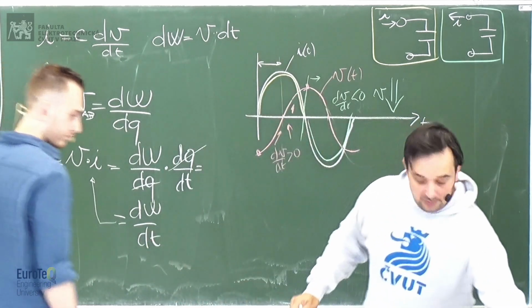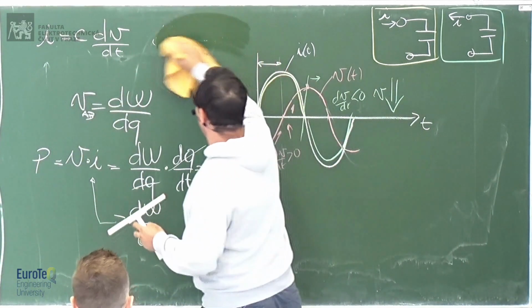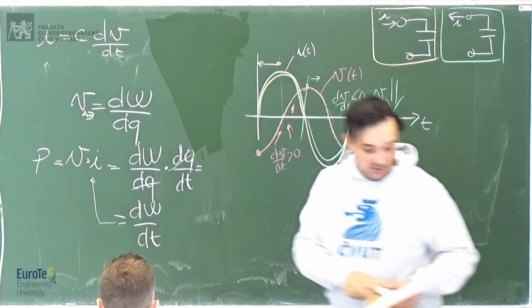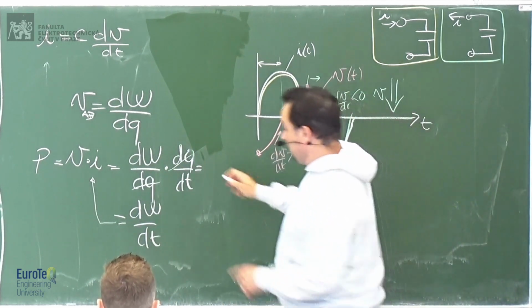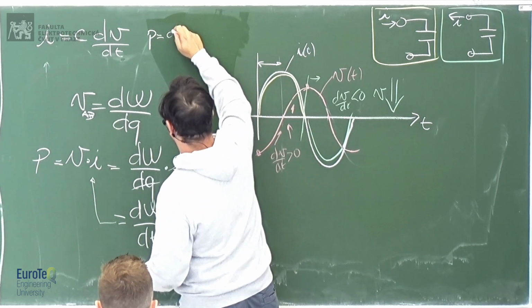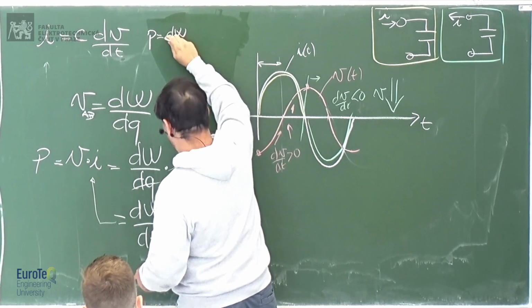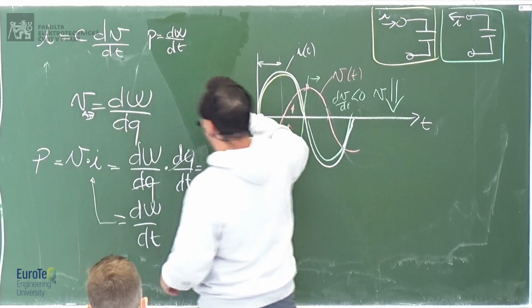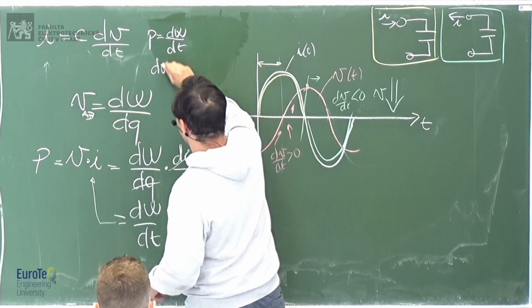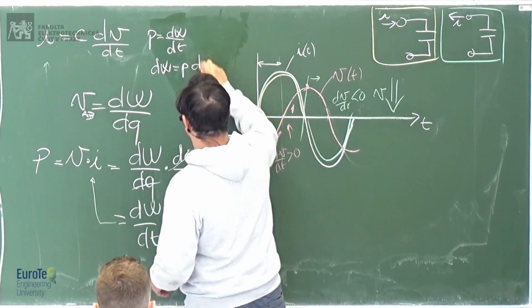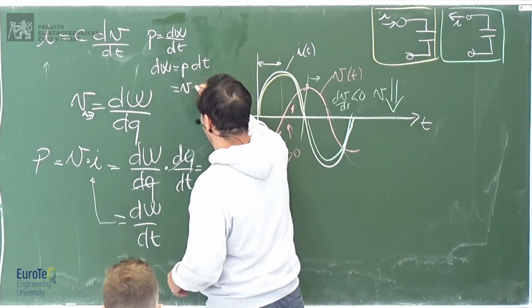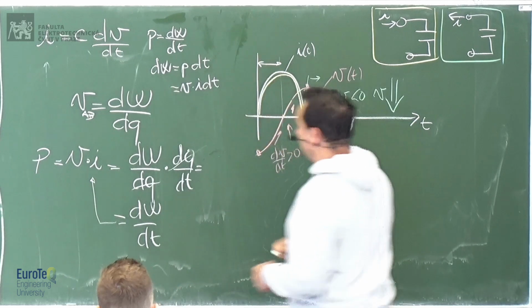I'm maybe confused. So if you want the elementary work, let's put it this way. This is the power. The power is the elementary work over time. If I want the elementary work, I have to take the power times time, which is VI.